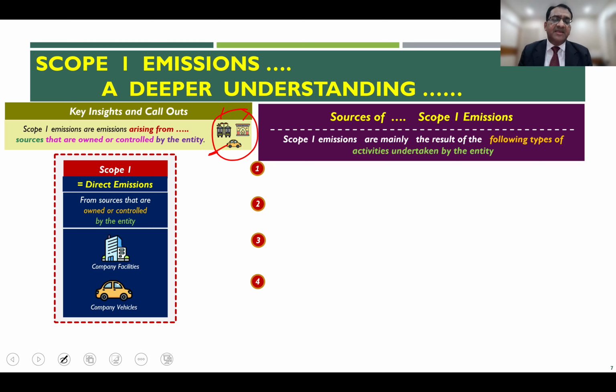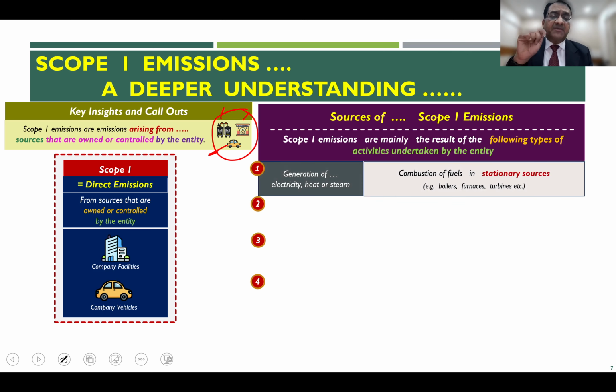Then the emissions from the combustion of fuels in stationary sources like your boiler, furnace, and turbines will be one of the sources of scope 1 reporting.